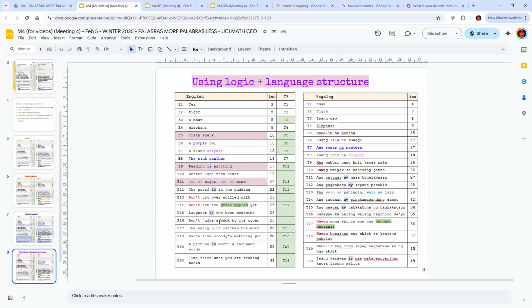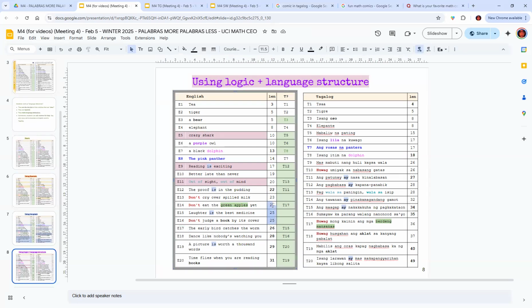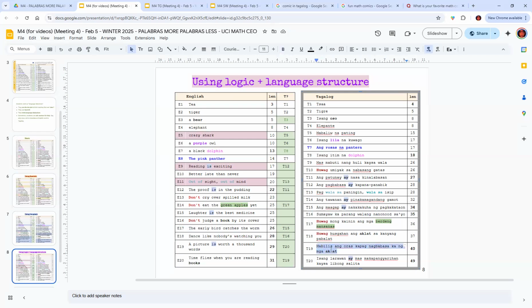Another way to reason like this is to look at these 25s, right? They're kind of the same length. So one has book, right? And what's cool is that we already match something having book or books with this. So what happens is that T19 should have a word that's book or books.